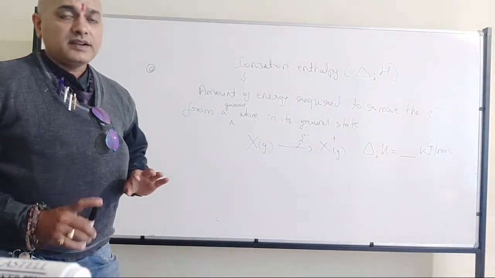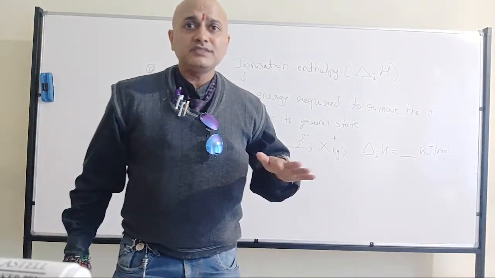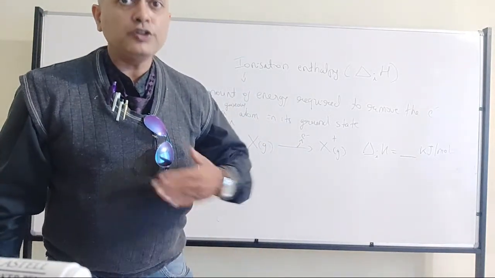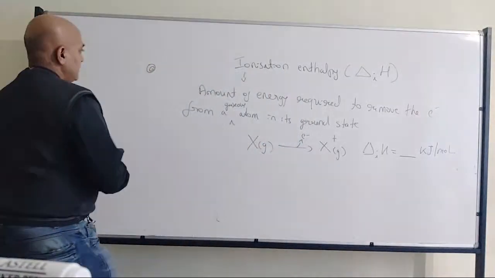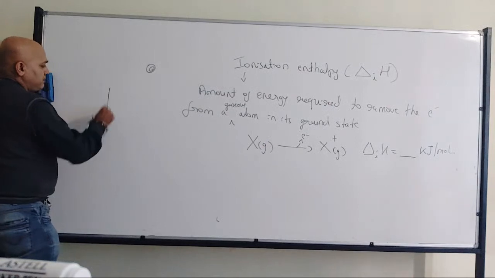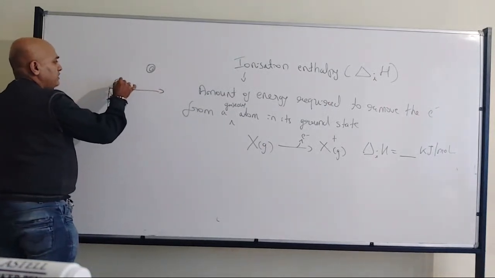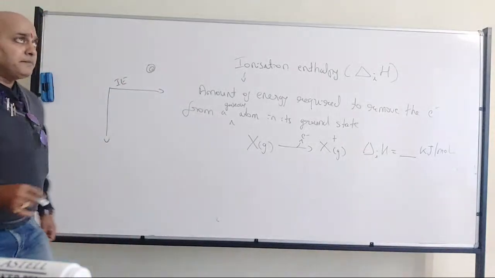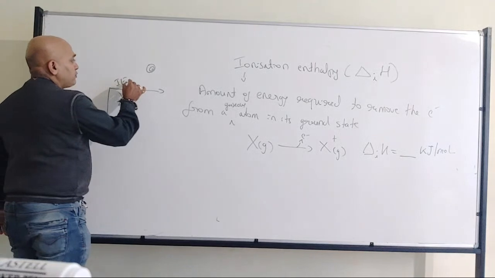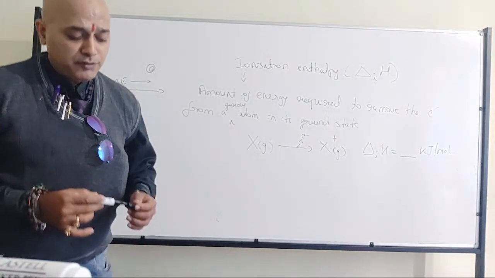But there is one variation. It's not uniform, whatever value is there. Normally, how would ionization enthalpy vary in the periodic table? IE stands for ionization enthalpy. Moving rightward, ionization enthalpy value should increase.